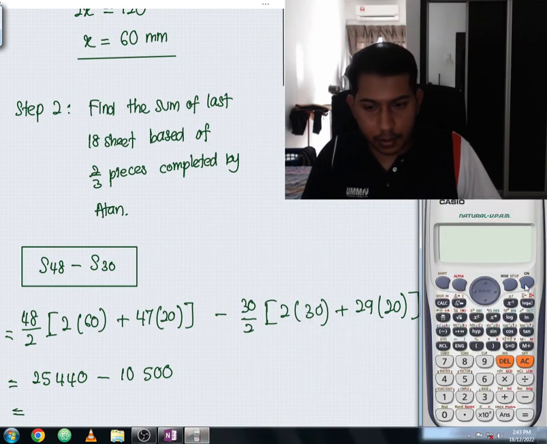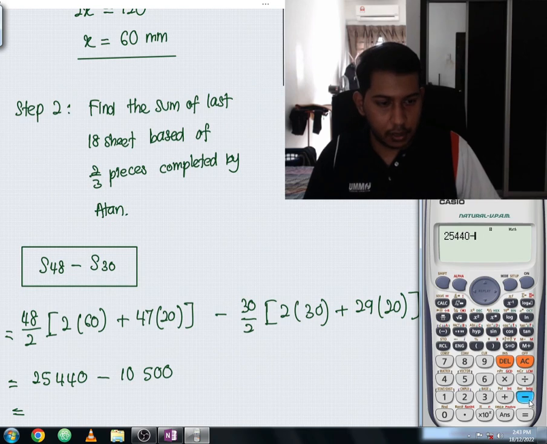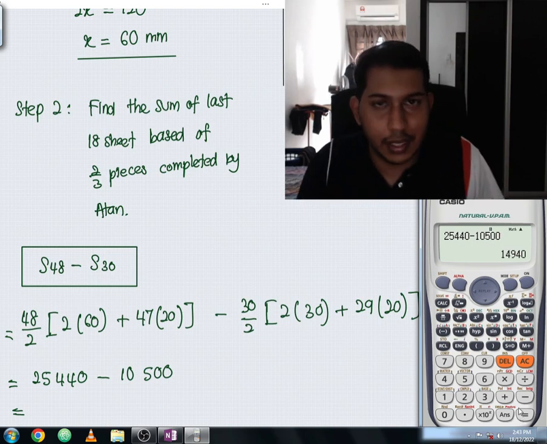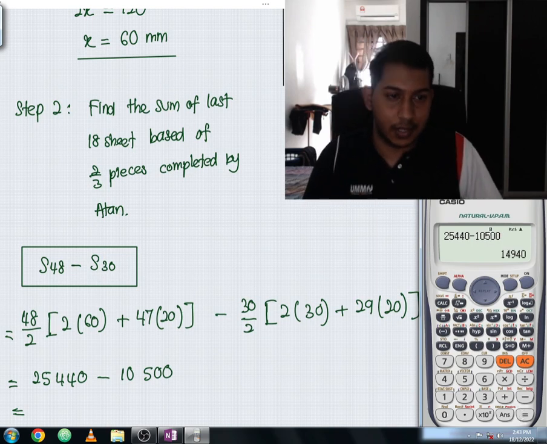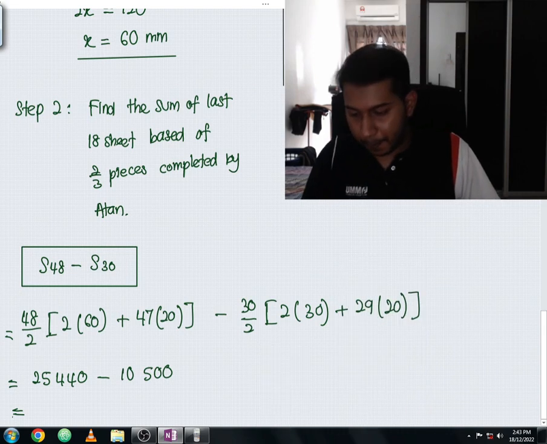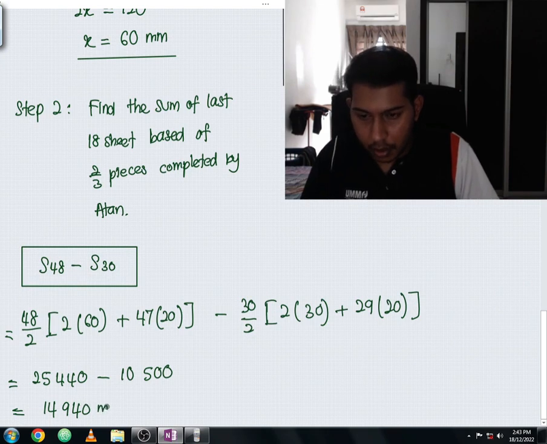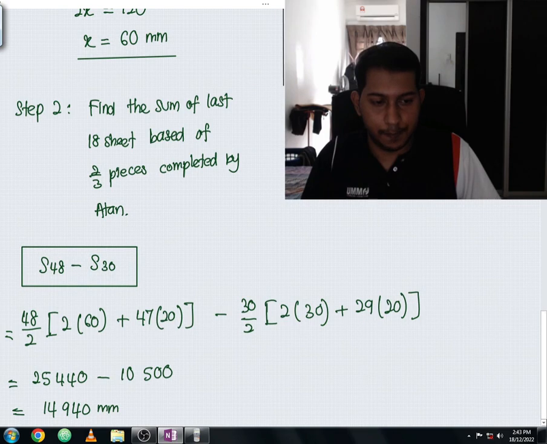Let us calculate together. 25,440 minus 10,500, you get 14,940. So this is your answer, guys, for question part B, 14,940 mm.